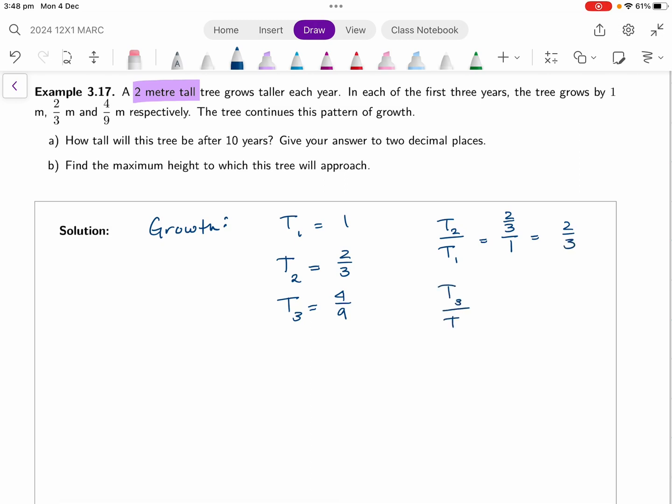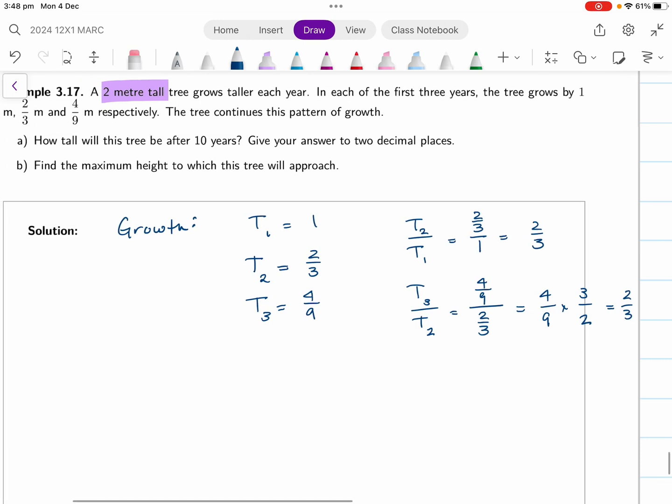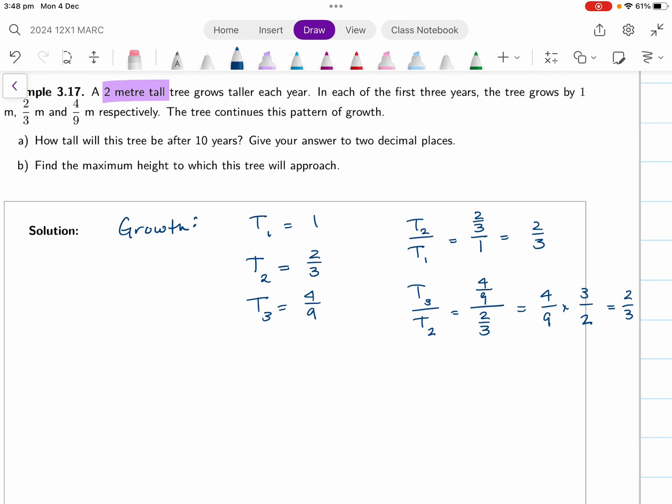The third term divided by the second term is 4 on 9 divided by 2 on 3. So same, change, flip, and multiplying and reducing, yep, there we go. We definitely have a geometric progression there. So our starting term is 1. Our common ratio is 2 on 3.